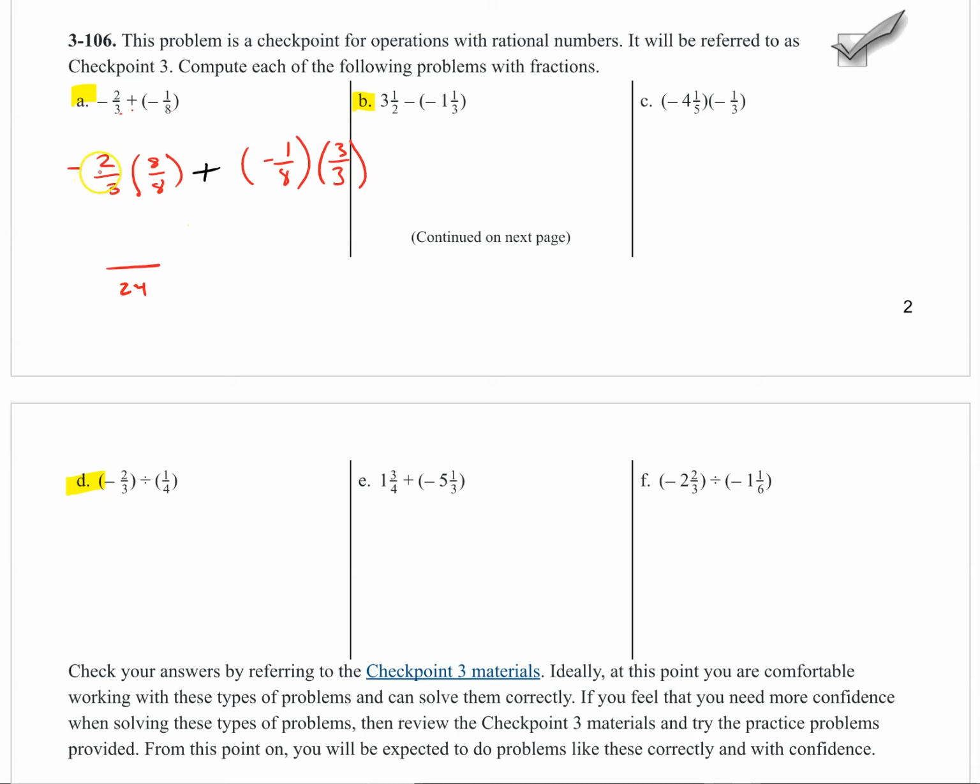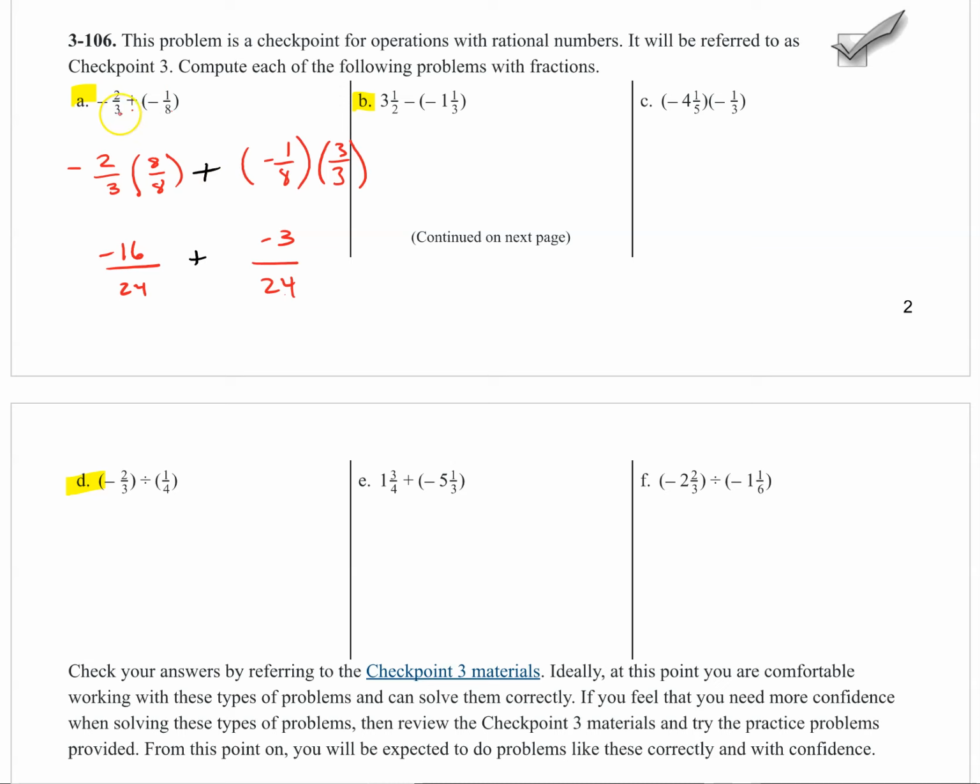And on the top we have negative 2 times 8, negative 16, plus, on the right we have on the bottom 8 times 3, that's 24, and on the top negative 1 times 3, negative 3.